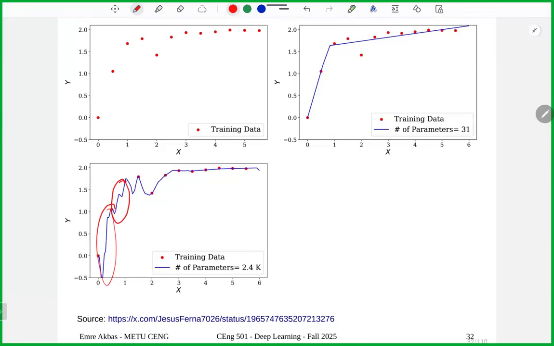Okay? Now what will happen if I increase the number of learnable parameters to, let's say, 10,000? What do you think? So increase it more to 10,000. Okay. Wiggles will be smoothed out, he says. What do you think?